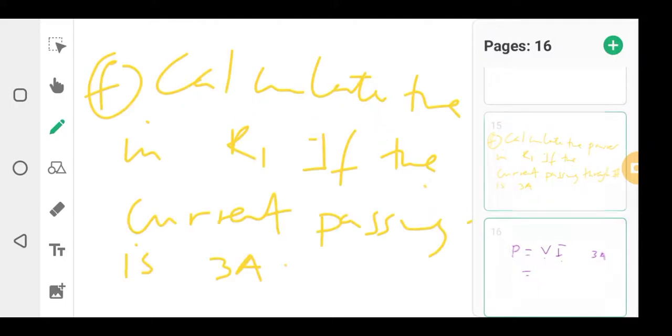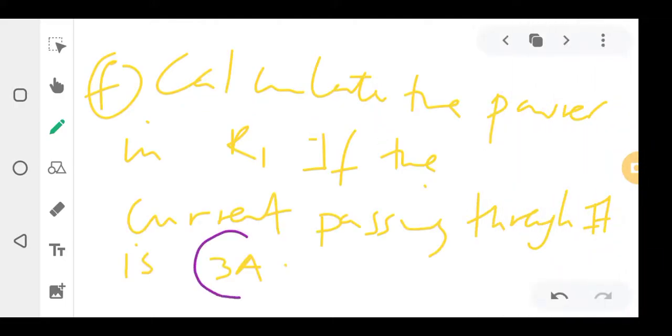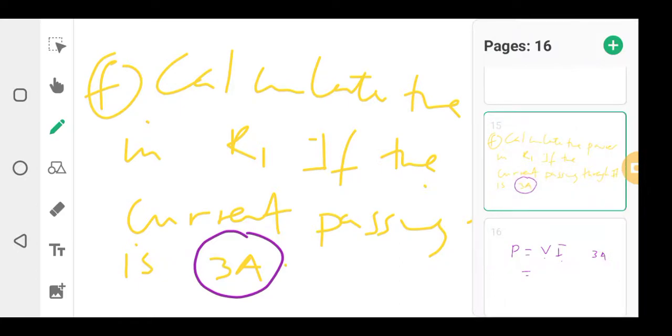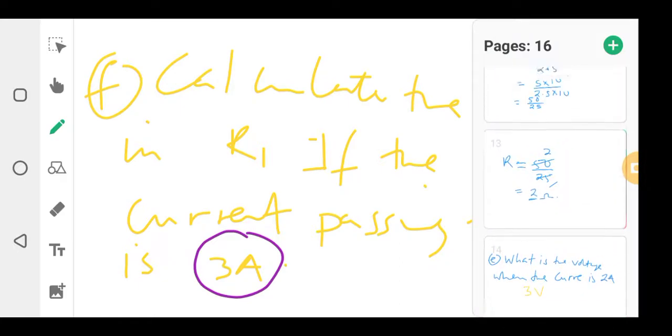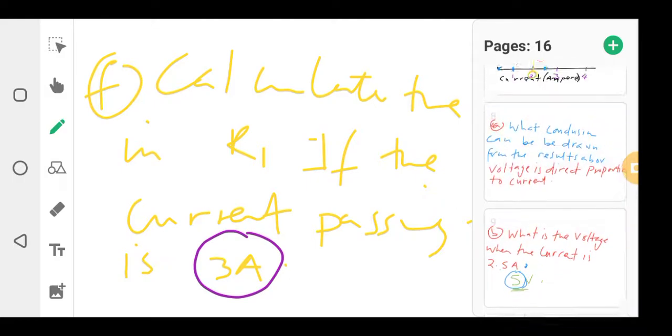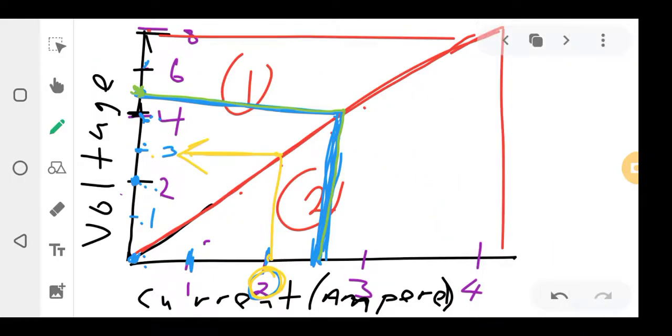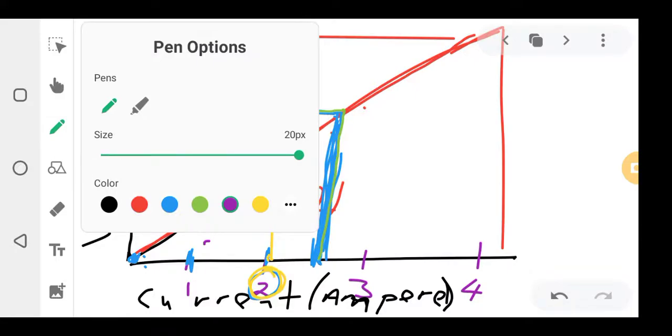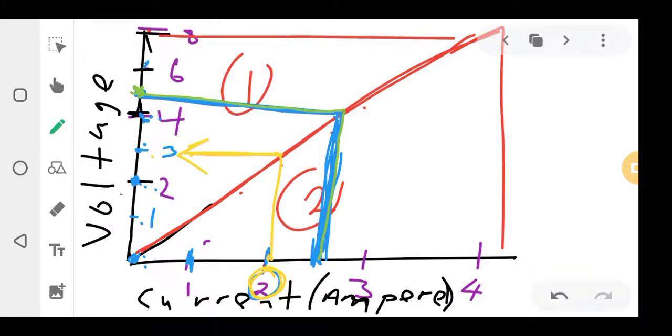The first thing is you write the formula for power. Power is equal to voltage times current. What is the voltage and the current at 3 amps? You go on the graph, locate where 3 amps is, and pick the voltage.